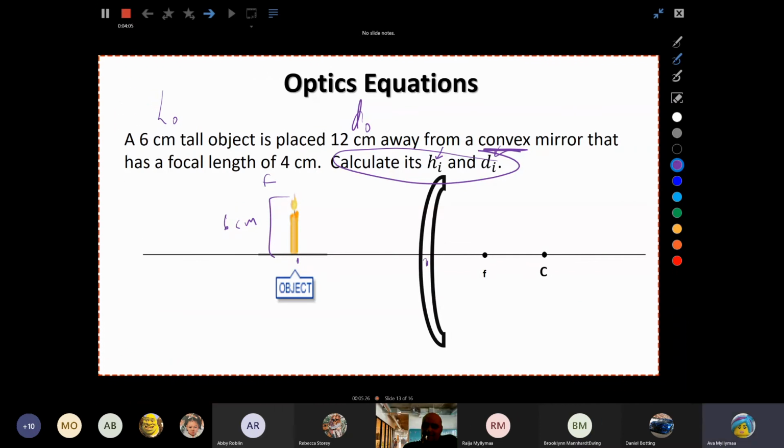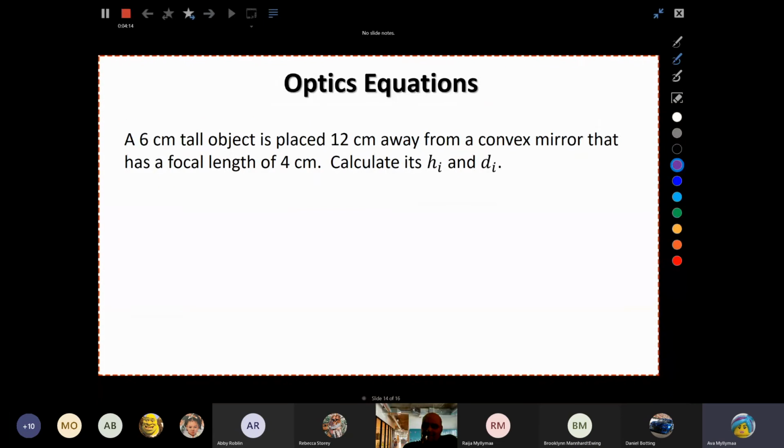So the image is height, and the image is distance. Yeah, the image is distance from the mirror. Yeah, exactly, thank you so much. No worries. It takes a little bit of time to catch on to this stuff. I know the first time I taught it, I was like, what's going on? But then I realized, hang on, there are some patterns that fall out here.